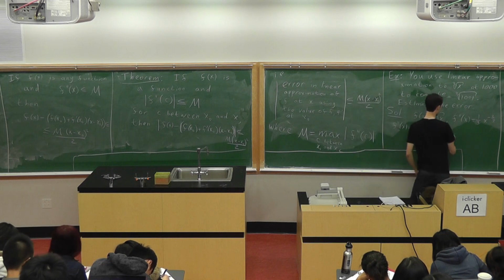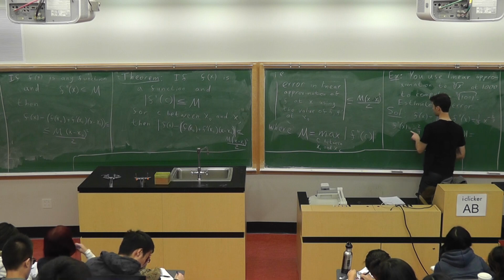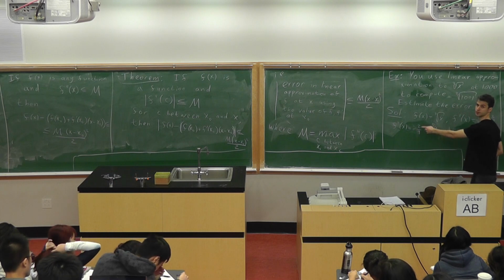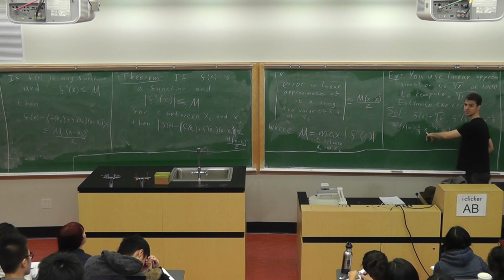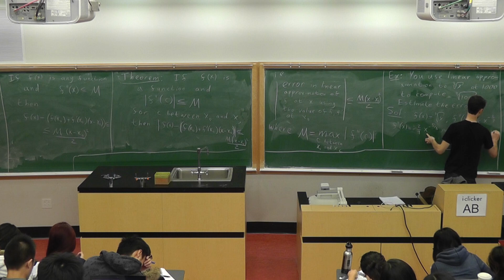The absolute value of the second derivative: I have here minus and then something positive. My x is positive, so this whole thing is positive. So 2/9 x to the minus 5/3.